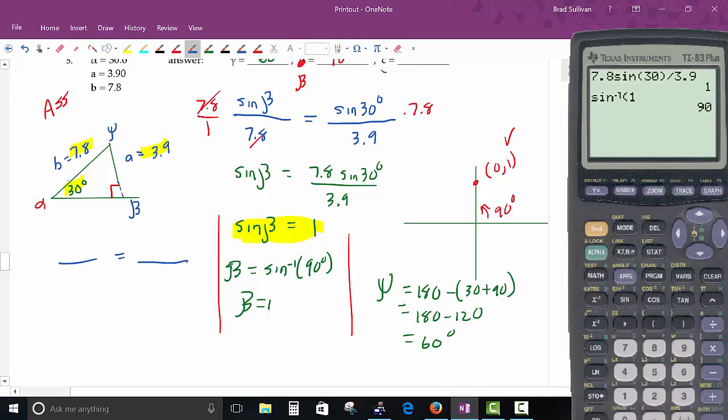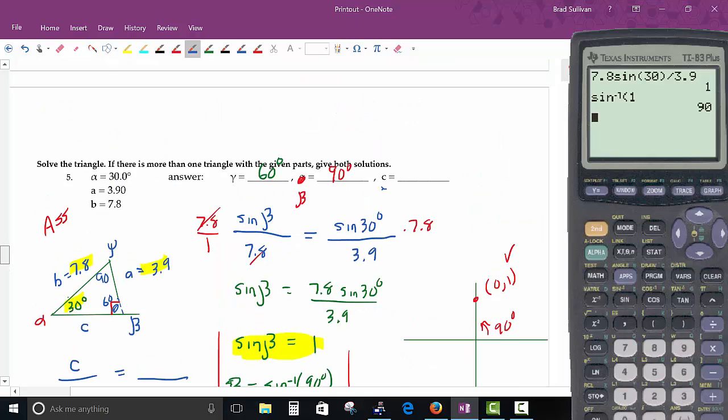The last thing we have to do is find C. So I'm going to do side C. Now let's see, I think I have that. Gamma is 90 degrees, and then this angle right here is 60. So we found beta. Beta is 60 degrees. I think I got that backwards there. No, I was right.